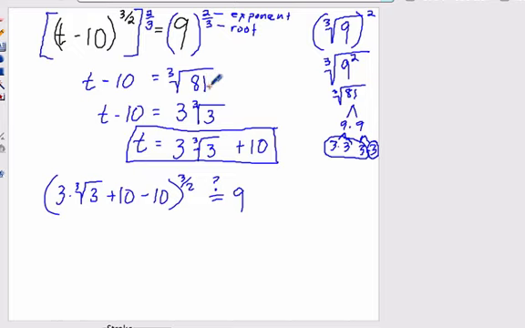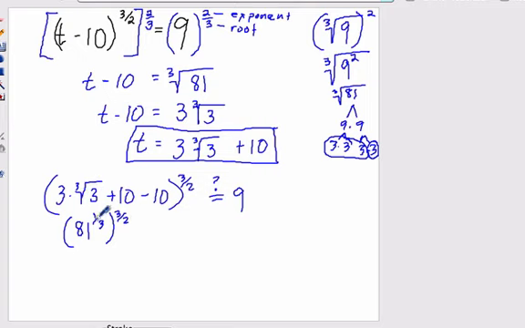So you could write this as 81 to the 1/3. And here, plus 10 minus 10, those cancel each other out. So 81 to the 1/3 raised to the 3 halves power. If you do that, that makes this a lot easier.